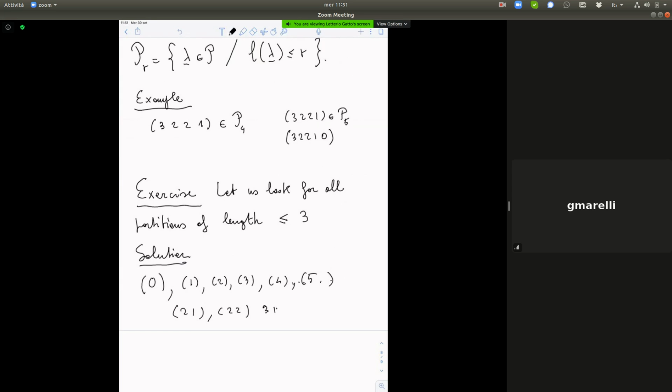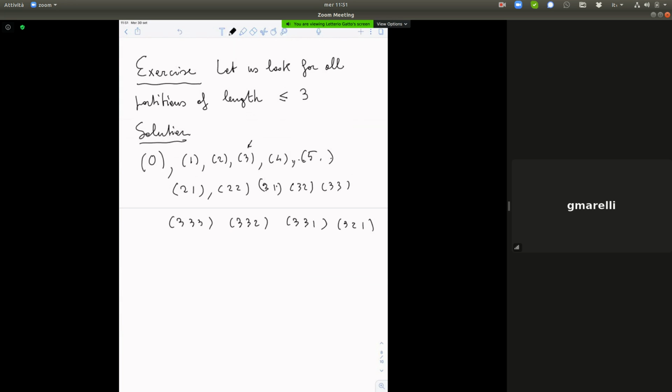I don't put 3, 0 because it's contained here, but I have 3, 1, then 3, 2, then 3, 3, and then also partitions like 3, 3, 3, or 3, 3, 2, 3, 3, 1, 3, 2, 1, etc. So there are infinitely many partitions with a length smaller or equal than 3.